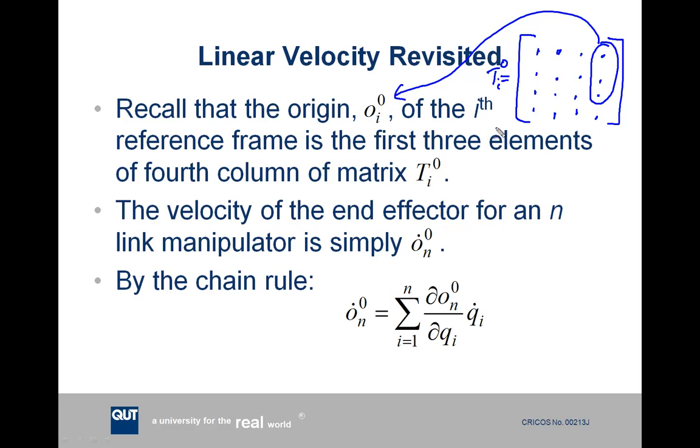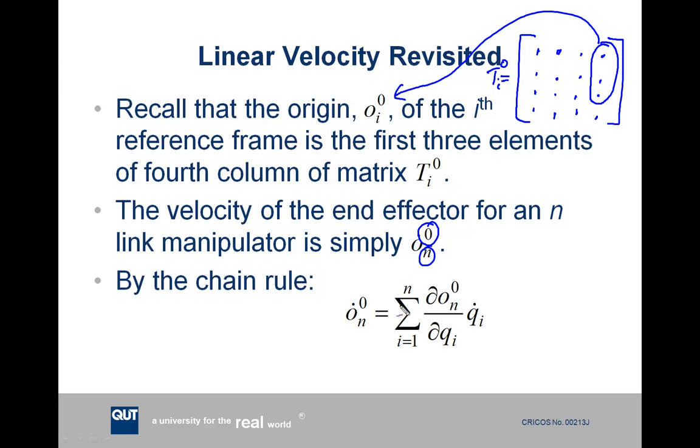So the velocity of the end effector, the tool point for an n-link manipulator, is simply the rate of change of the origin of the tool point frame n with respect to the base reference frame.